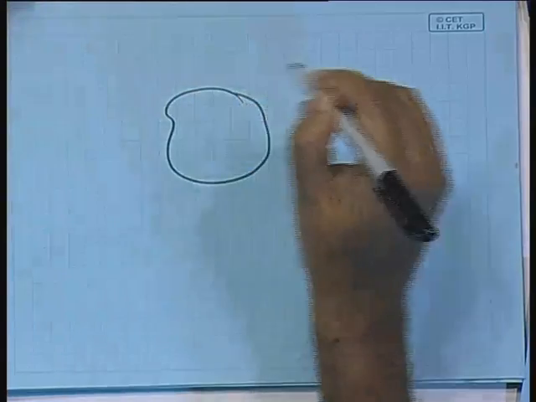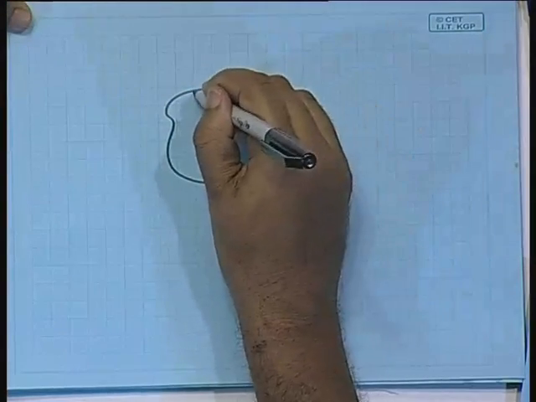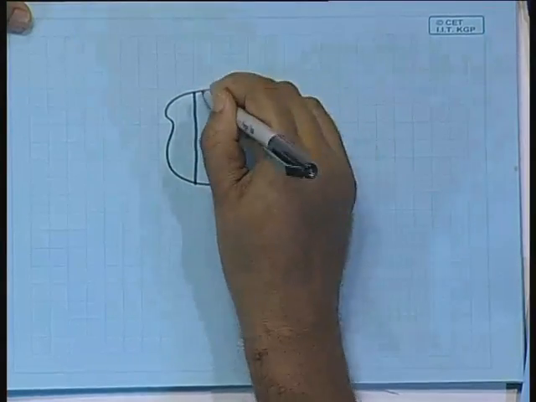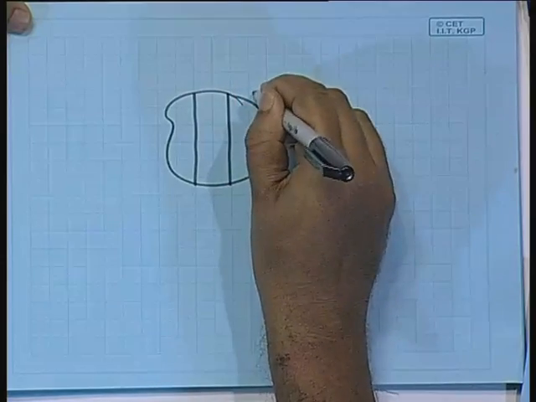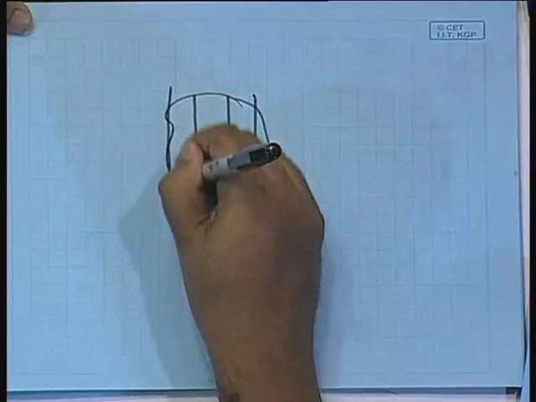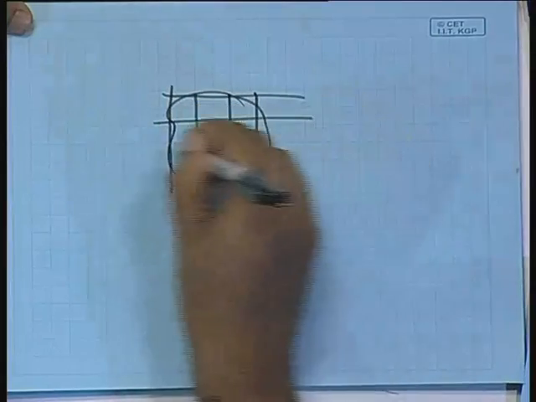Now, if that is so, then assigning a single motion vector for 16 by 16 blocks makes sense. Say for example, if I have a rigid body object like this, and supposing I have subdivided the image into a set of 16 by 16 blocks like this.